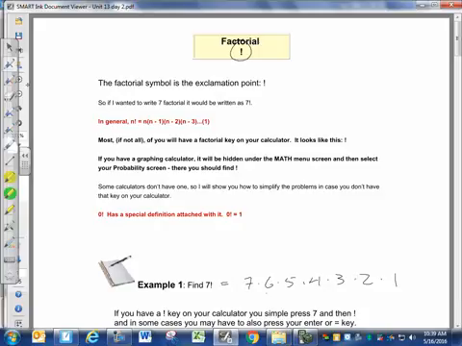But if I asked you to find 19 factorial, and you're like, okay, 19 times 18 times, and all of a sudden it takes you a couple minutes to type it in. Your calculator does this operation for you, however. Okay? So to pull up the exclamation point, which means factorial, in your calculator, you'll go math, PRB, or probability.